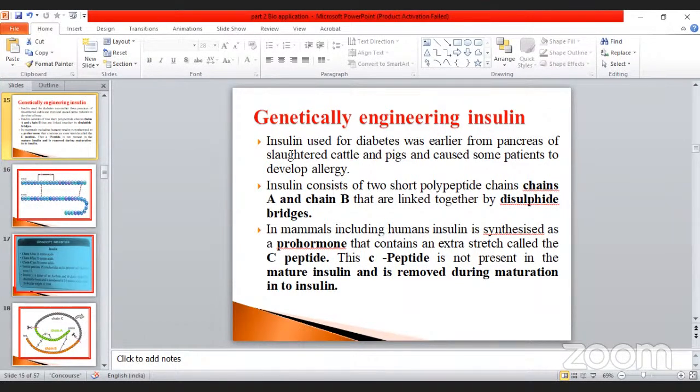See that one. Insulin is used for diabetes. Suppose the insulin secretion is stopped by the beta cells. What happens? The glucose molecules are excreted through the urine. That condition is called diabetes. Depending upon the concentration of the insulin molecules, it may be mild, moderate or severe; 3 types have been reported, due to insulin deficiency.